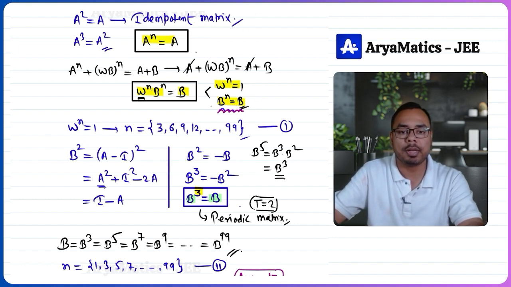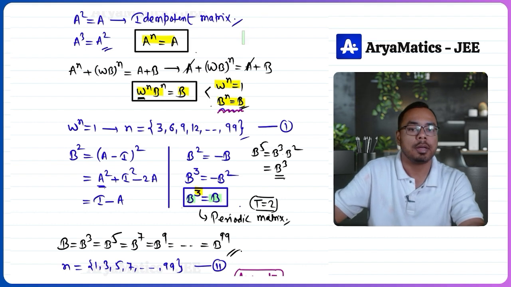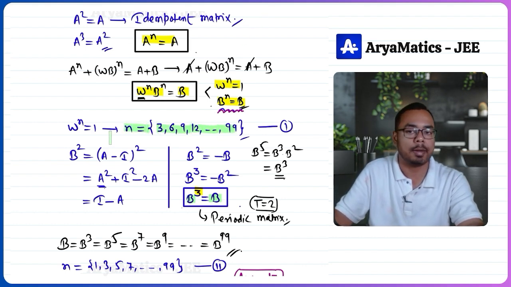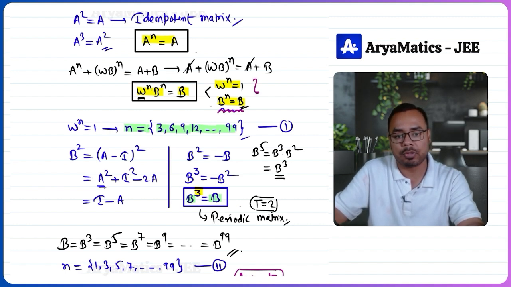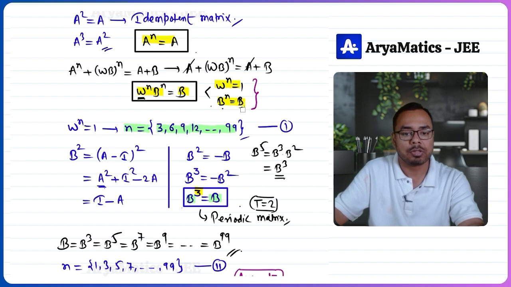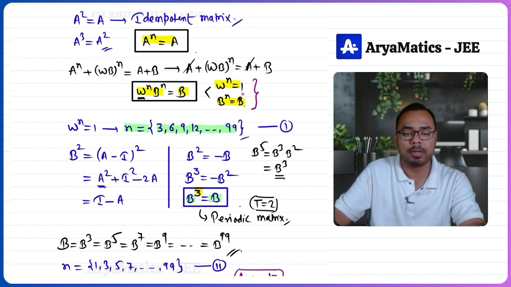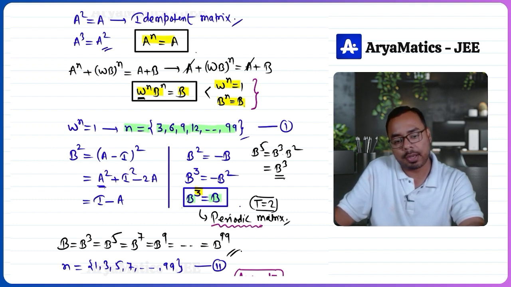Now omega raised to n is 1, that means n must be a multiple of 3. So from there we got these values of n. Remember, we need to satisfy both of these conditions, and therefore finally we had to take the intersection. If I take n as a multiple of 3, then we can satisfy the first condition that omega raised to n will be 1. And B cube was matrix B, which means we have a periodic matrix with period 2.